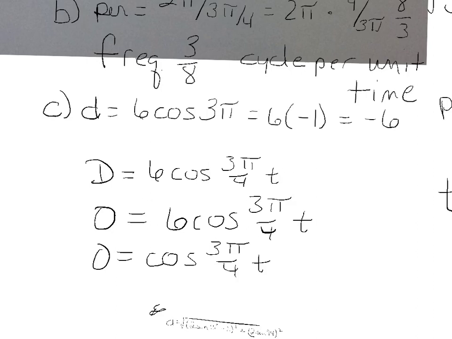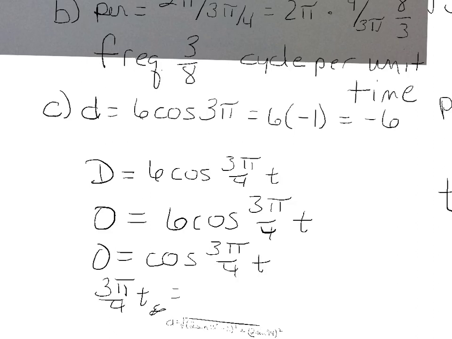So we want the least positive value. So I want to know when the cosine of 3 pi over 4t is equal to 0. So let's think about this. What does the angle have to be in order to get a cosine of 0?